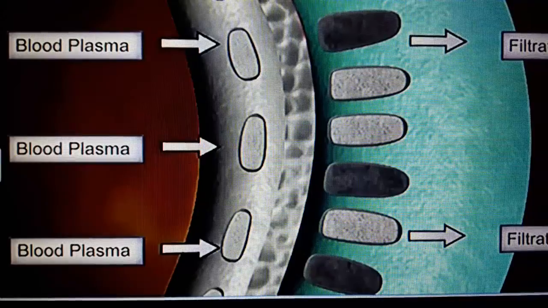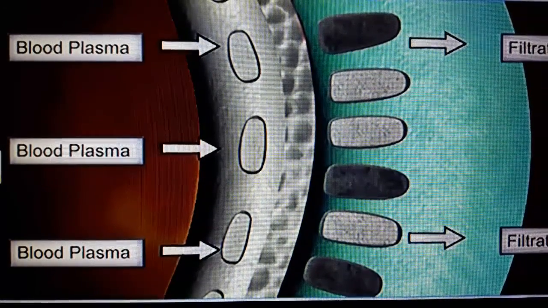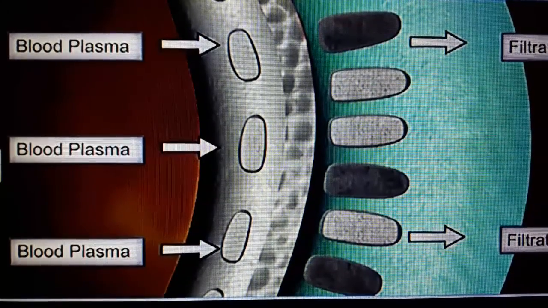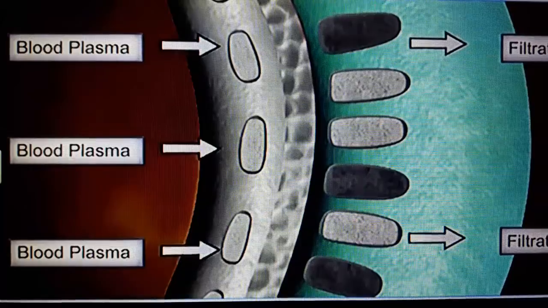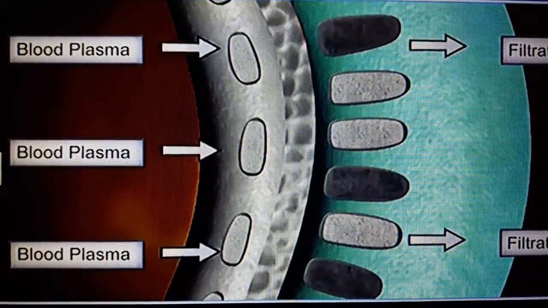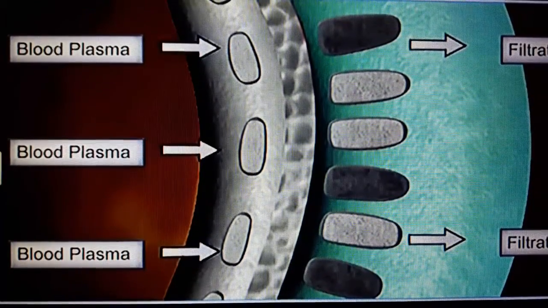Now we talk about what it does not contain. It does not contain RBCs, WBCs, blood platelets, or plasma proteins like albumins and globulins. So what are the constituents of glomerular filtrate? You can find out the answer easily.